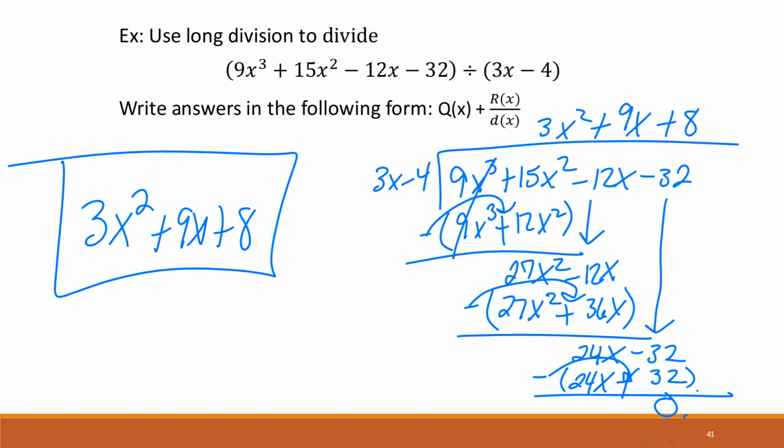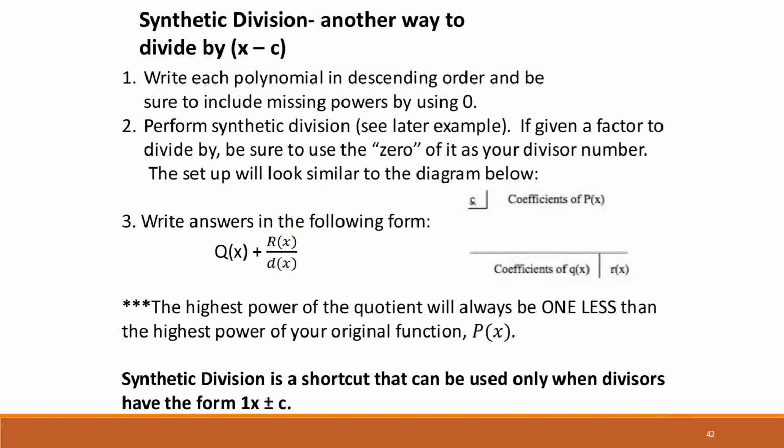All right, so let's look at synthetic division. For synthetic division, we're going to write each polynomial in descending order, just like we did before, and put in zeros where we need to for missing values. Then we're going to perform synthetic division. It is very special. Right here, we put our c value. So if we have x minus c, it would just be a positive c here.